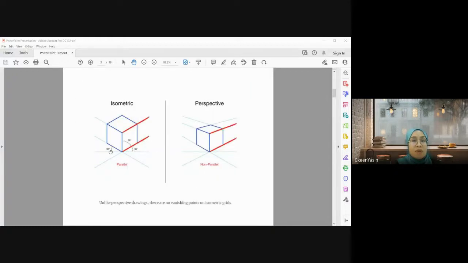This is 30 degrees, equal from left to right, and the balance is 60 degrees, so the total is 90. This is isometric drawing. It is actually a simple kind of drawing. When I was in first year, I would rather draw isometric than perspective, because isometric is simpler.